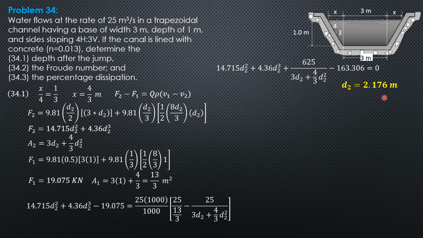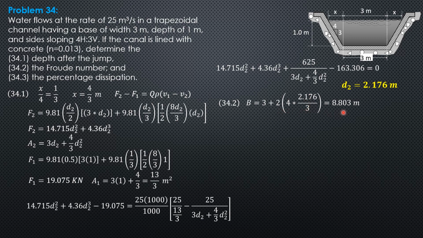2.176 meters. Then that's the depth after the jump. The Froude number is FR2, velocity 2 over square root of g times hydraulic depth at section 2, which is area 2 over top width. So B at section 2 is 3 plus 2x, and x is 4/3 of depth 2.